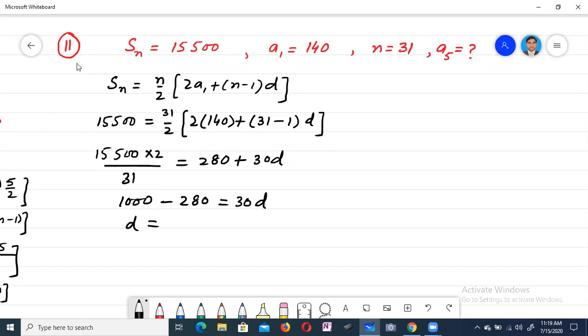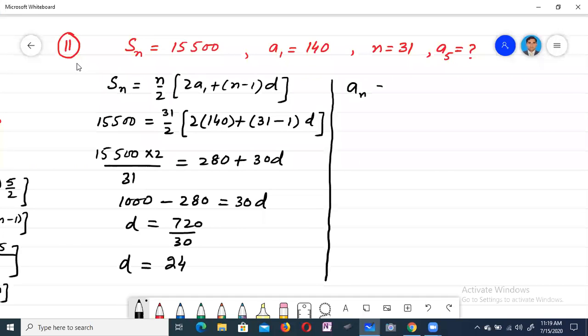Then d will be equal to 1,000 minus 280, that is 720 divided by 30. Then d is equal to, here will be 24. D is coming 24. 0 0 cancel, 24 3s are 72. Okay, d is 24. We need here fifth term of the progression, A5.